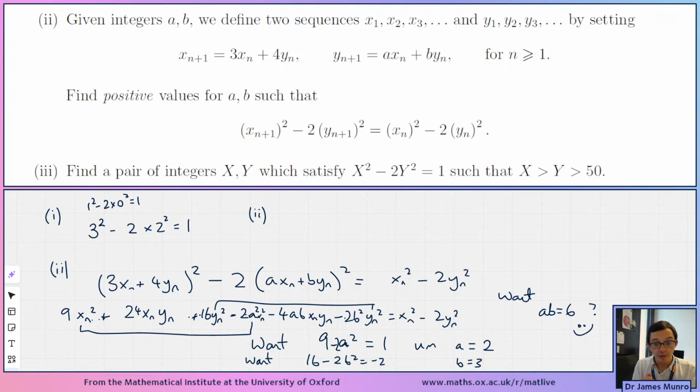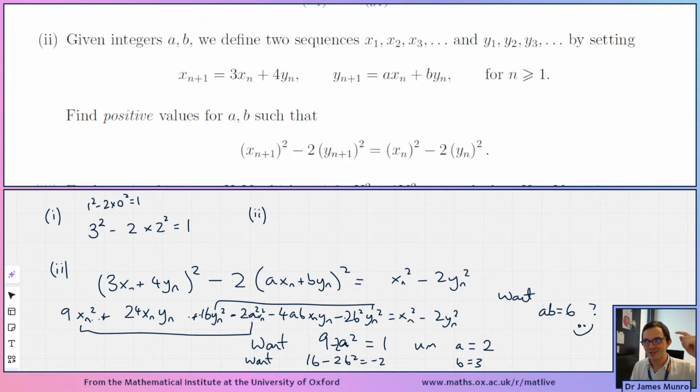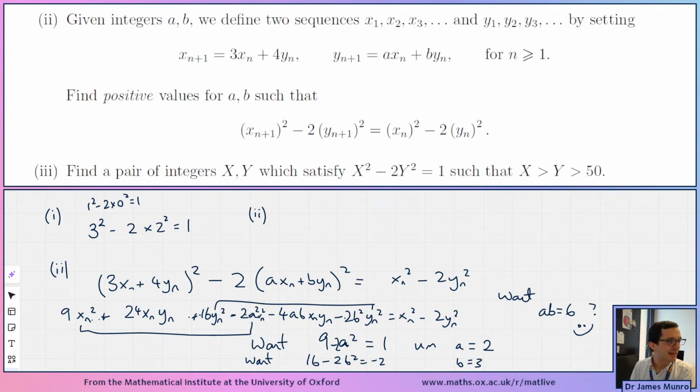I hope it's 1. Is it 1? Oh yeah, because they told me in the first part to start with numbers such that you get 1. That's why they told me to do that, so that I've got a sequence where x squared minus 2y squared starts as 1 and stays as 1. And we've proved in the first 2 parts that it stays as 1. And yes, I would describe this as comparing coefficients.